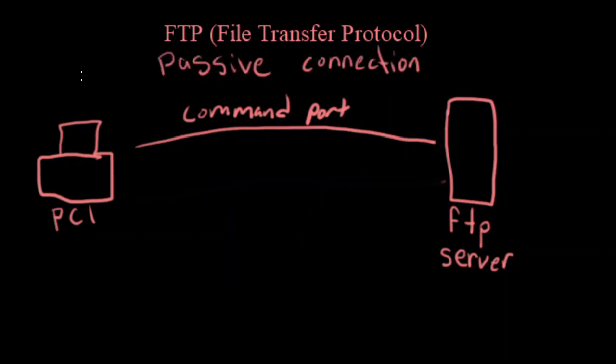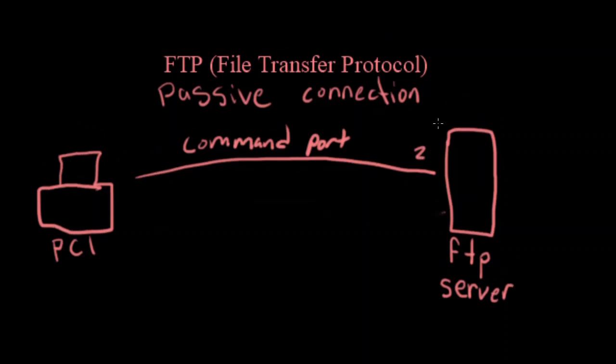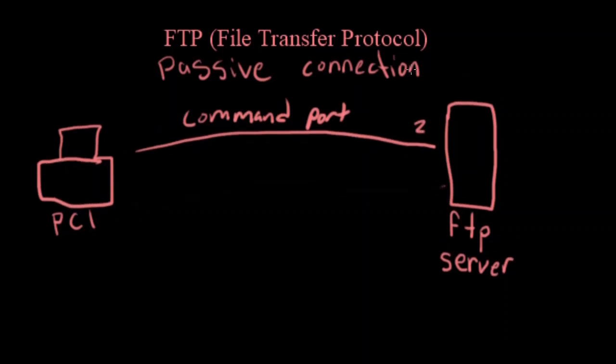With a passive connection, the PC will connect to the FTP server over port 21. Instead of the FTP server initiating a data connection, the PC will send a PASV request, which is basically asking the FTP server, hey, which port can I connect to so we can transfer data?